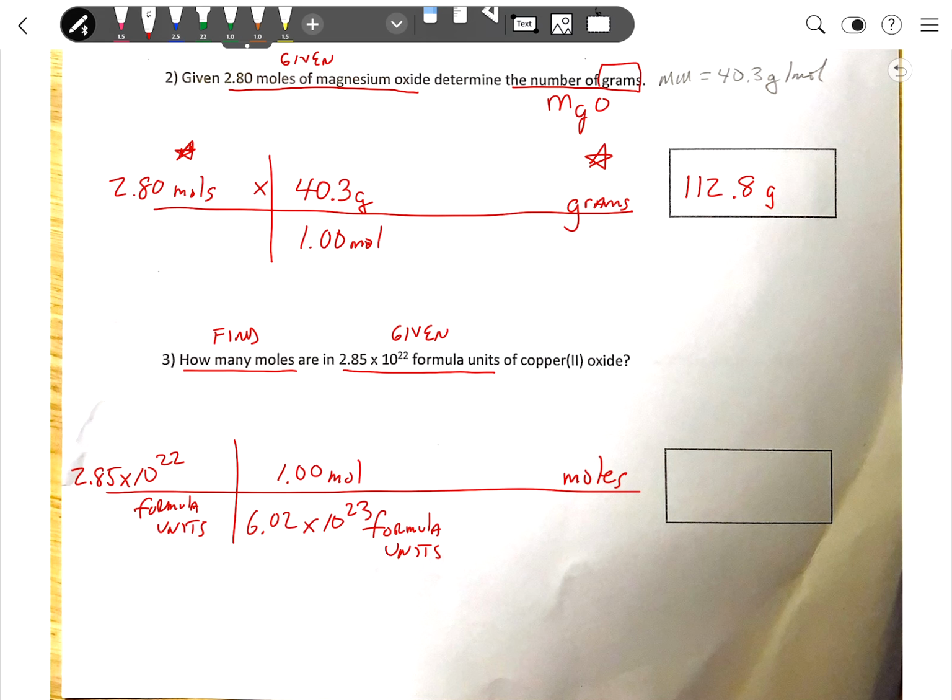So now entering your scientific notation in the calculator, 2.85 times 10 to the 22nd divided by 6.02 times 10 to the 23rd, we end up with a number that looks like 0.047, so we're going to go 0.05, and that will be moles of copper(II) oxide.